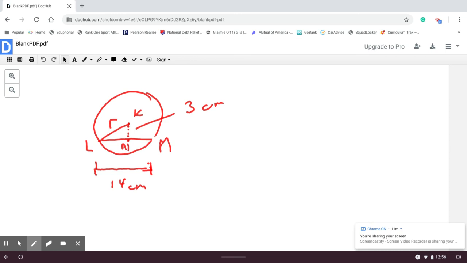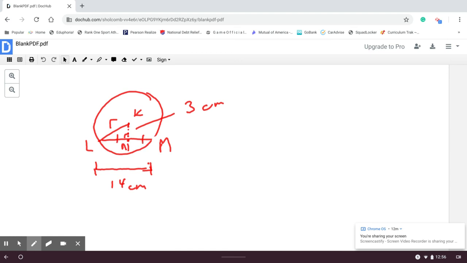All right, so let's start bisecting all this information and figure out what we've got. If I draw and make this a right triangle right here, well, did I just go from the center across my chord? And doesn't that mean that LN is now congruent to NM?